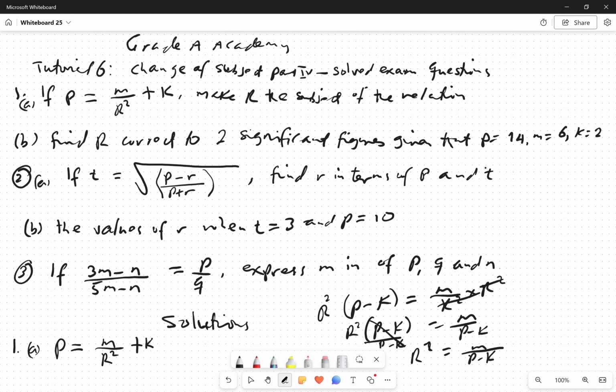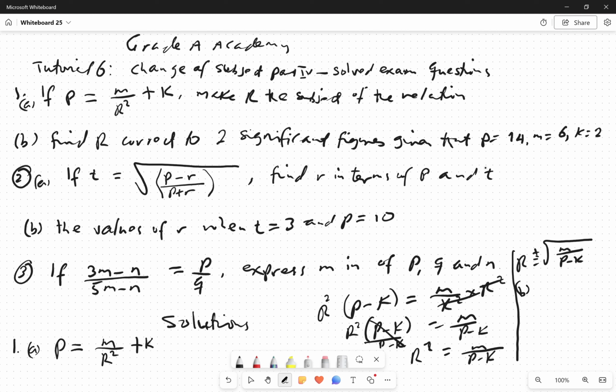So r is equal to the square root of m over p minus k. And remember, we have to put a plus or minus because we're taking the square root. So that is the A part. You're done. Now the B part, it says evaluate.